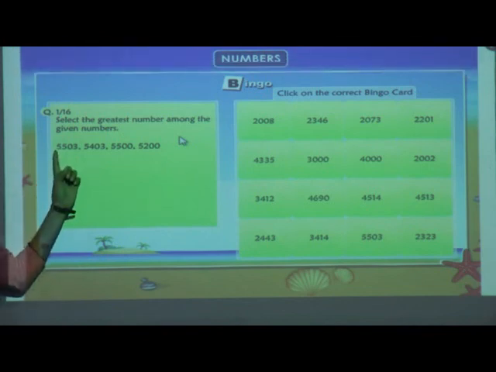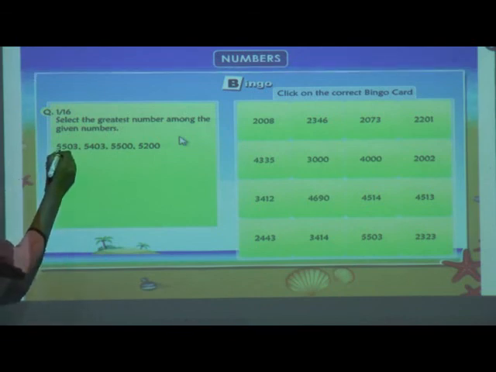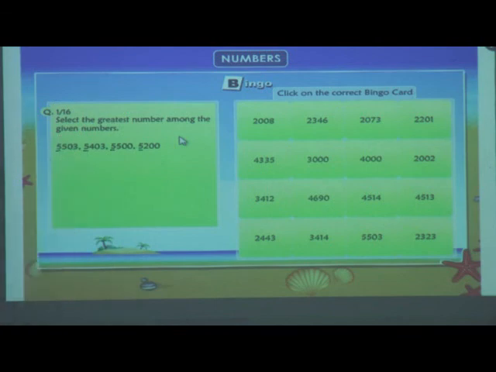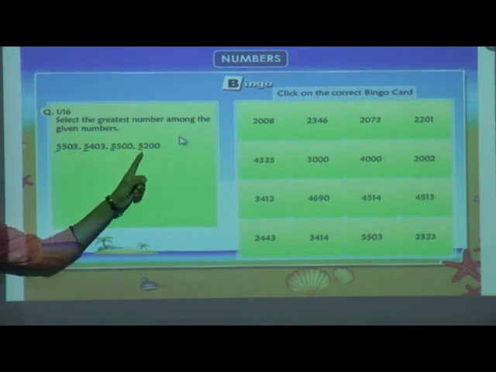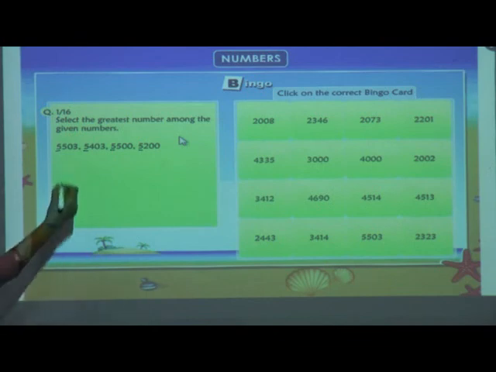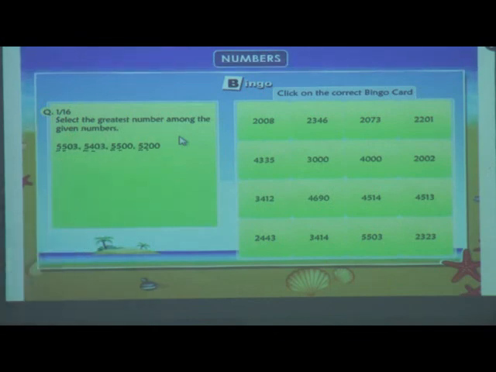How we will select the greatest number? First we have to see the thousands place number, isn't it? At thousands place 5 is there. In the second number also 5 is there, here also 5, and here also 5. Then you have to go to the 100 place digit.